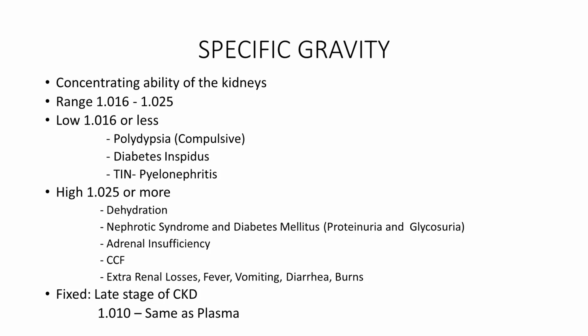And then there is fixed specific gravity. No matter whether the patient is hydrated, overhydrated, or dehydrated, the specific gravity remains the same, in the range of 1010, which is equal to plasma specific gravity. And this is a feature of chronic kidney disease.